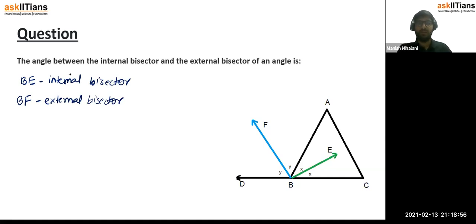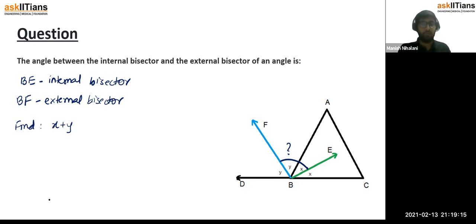Now we are interested in finding the angle between them, which means we have to find the value of x plus y, because x plus y is the angle between these two bisectors, that is the green ray and the blue ray.